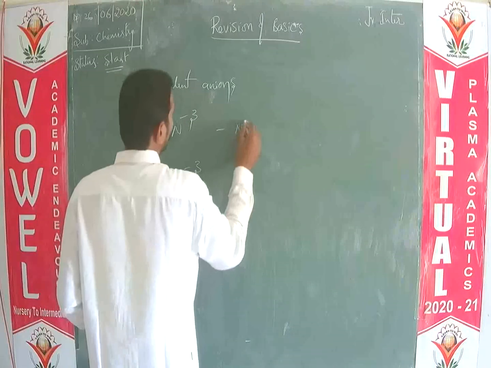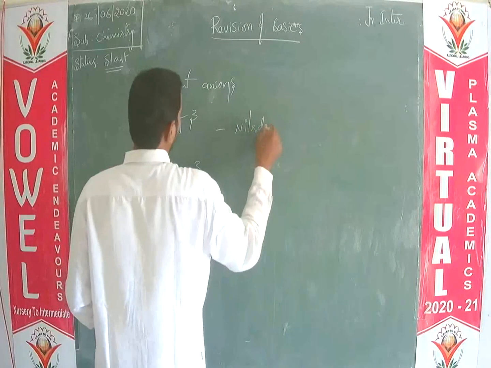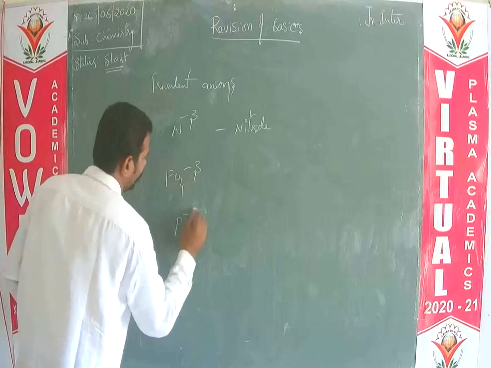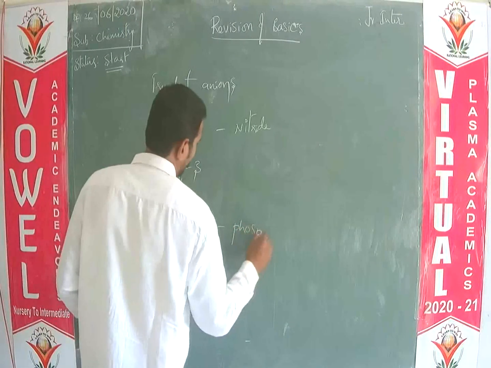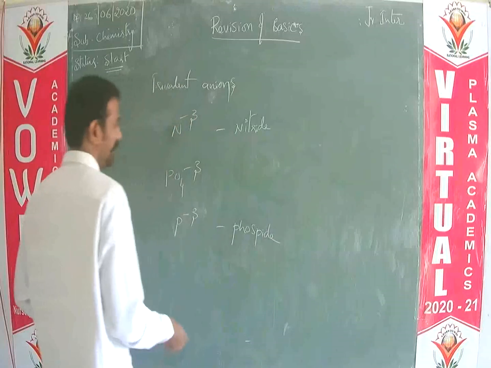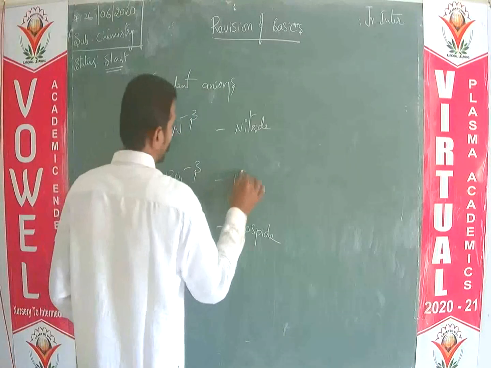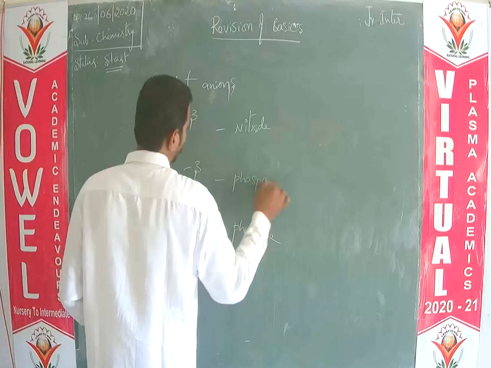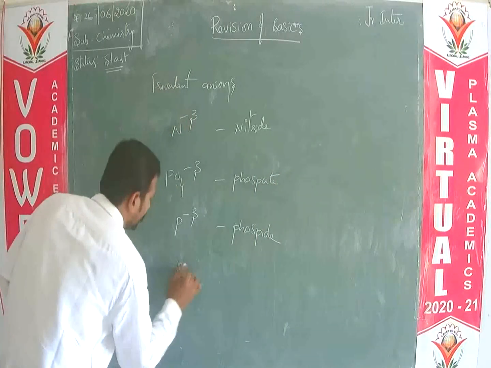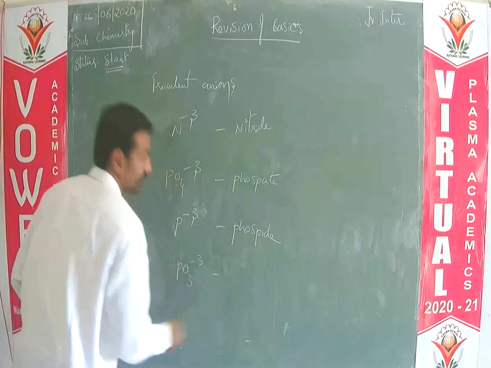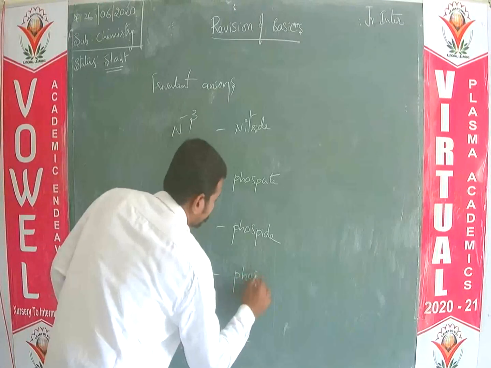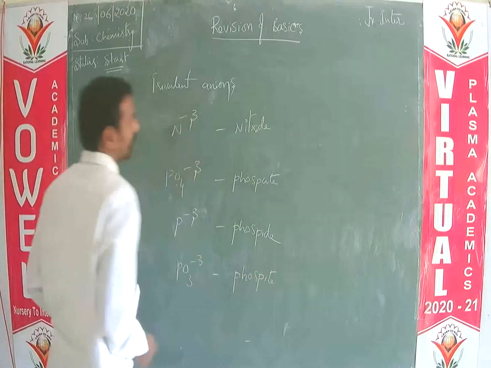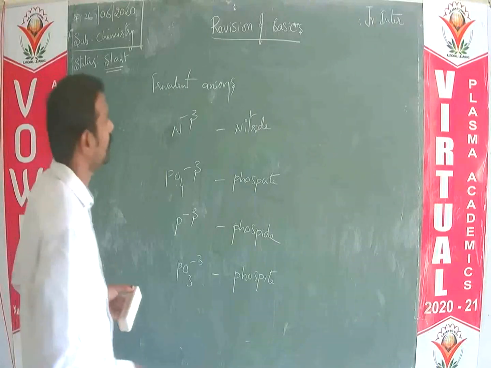It is called nitride. Suppose if I place P here instead of nitrogen, it is said to be phosphide. PO4 minus 3, phosphate. PO3 minus 3, phosphite. So these are the examples of some trivalent anions.